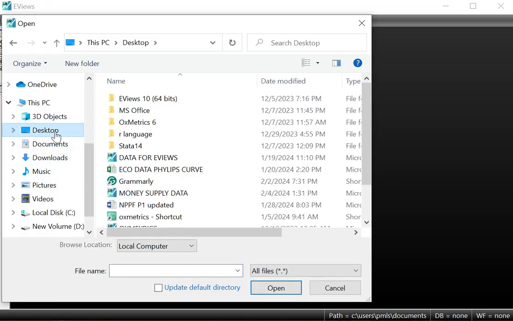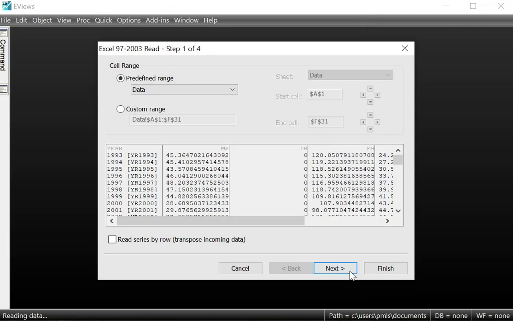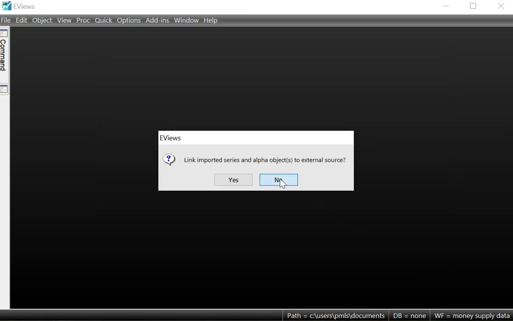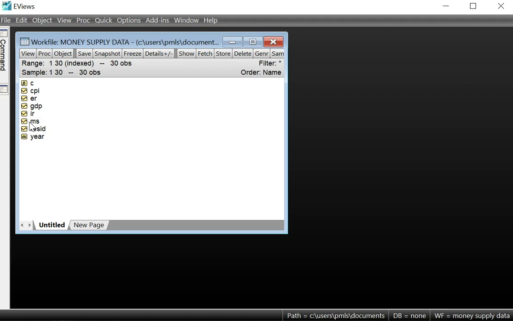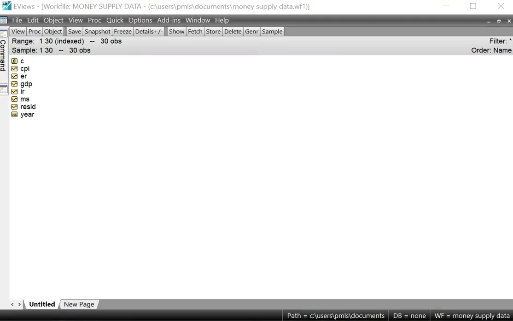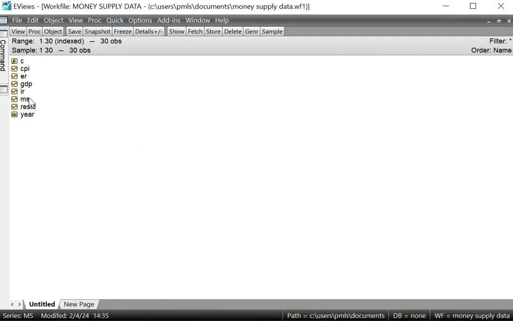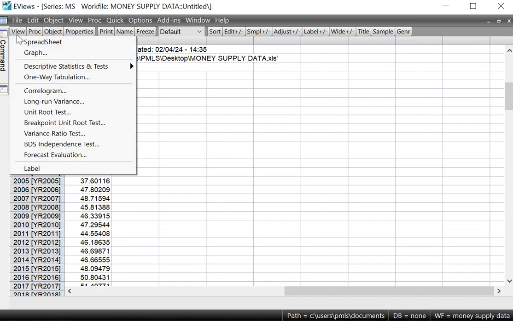On my desktop I have data on money supply and CPI. So first of all, we need to check the assumptions according to the question. Both series x and y must be non-stationary, having a unit root. So first of all, let's check whether money supply is stationary or non-stationary.